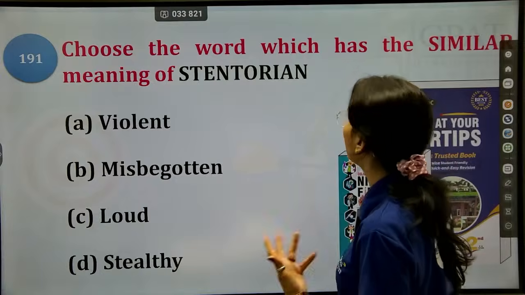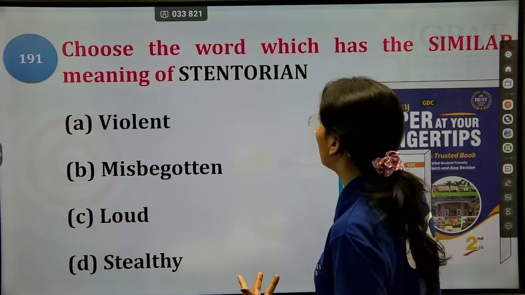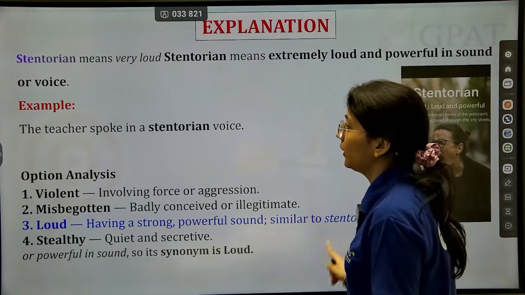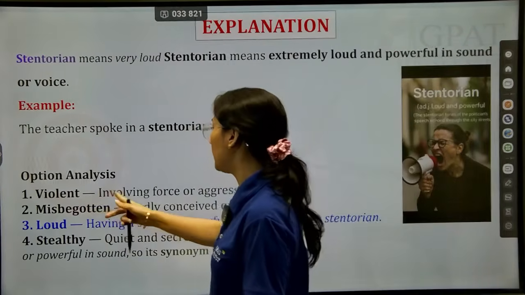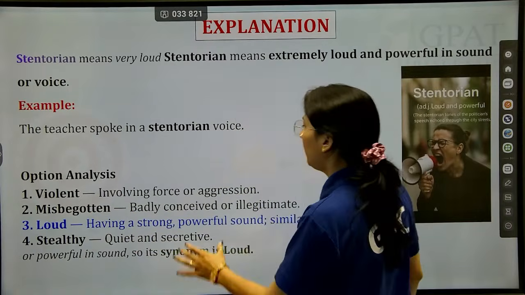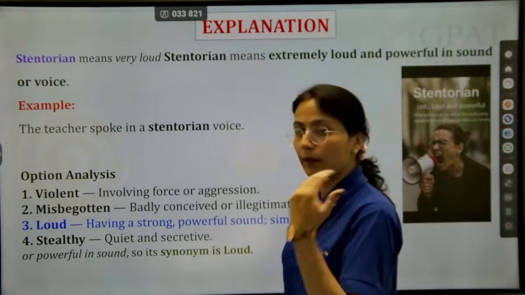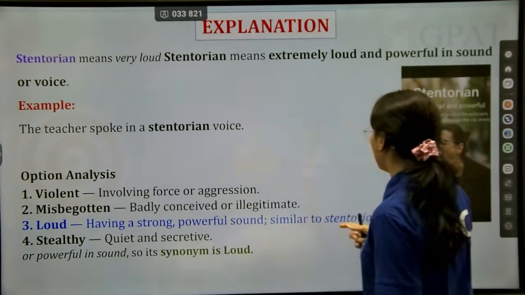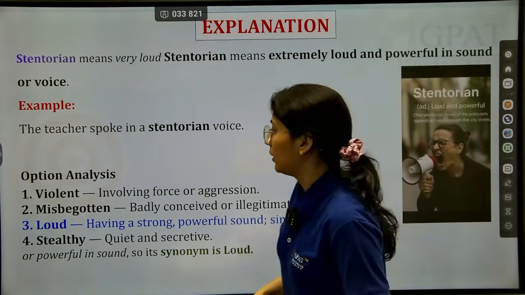So the similar meaning is loud. Violent means involving force or aggression. Misbegotten means badly conceived or illegitimate. Loud means having a strong, powerful sound, similar to stentorian.